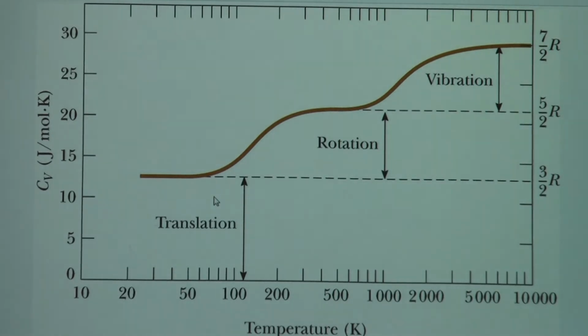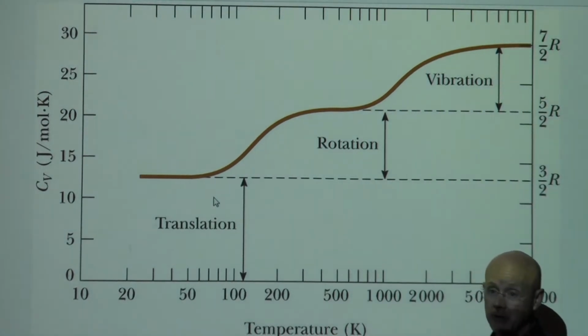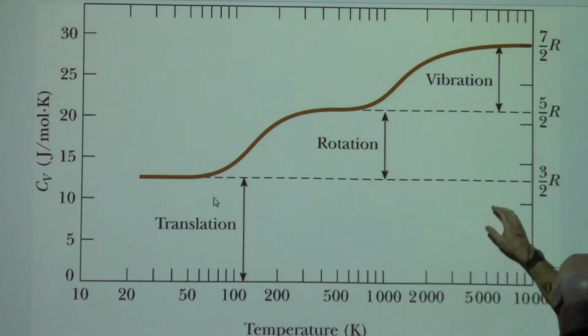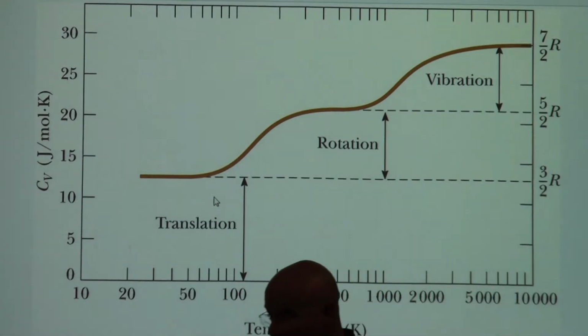And that's all we're going to worry about. You can also see what begins to happen again above about 1,000 Kelvin. You can see that it jumps up even higher as it begins to have other options of vibration.